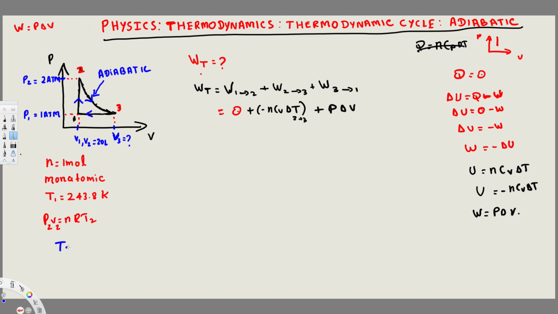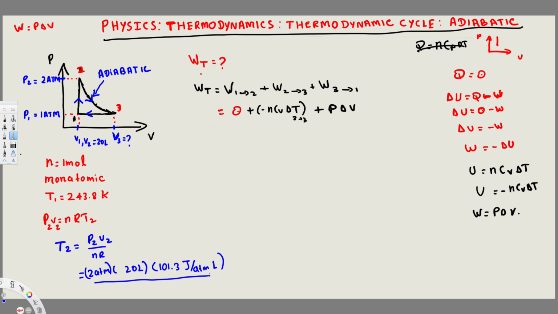So T2 is going to be equal to P2 V2 divided by nR. Here P2 is 2 atm, times volume 2, which is 20 liters. Whenever we have atm times liter, to convert it into joules we multiply by 101.3 joules per atm liter, so the units cancel and give us joules.